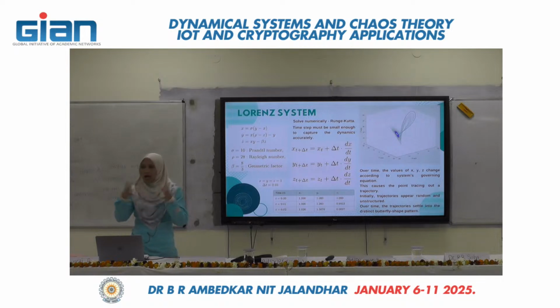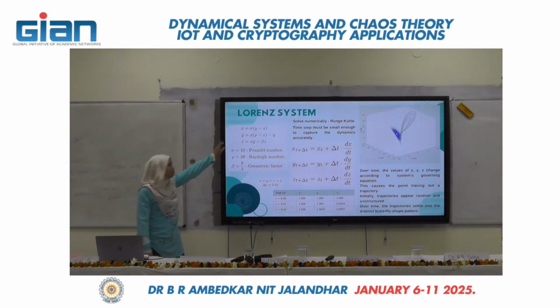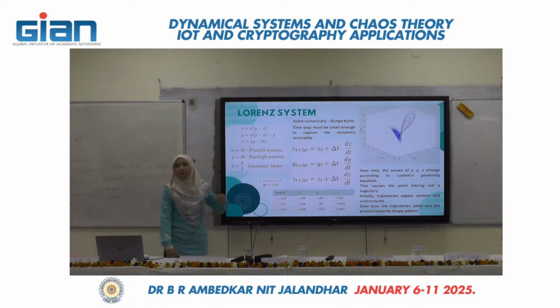Because this is what Lorenz simplified. Actually, they had a much more complex equation for weather prediction. So in 1963, Lorenz simplified it into this particular dynamical equation. Okay, so there are three variables, or what we say three state variables, and also three parameters.